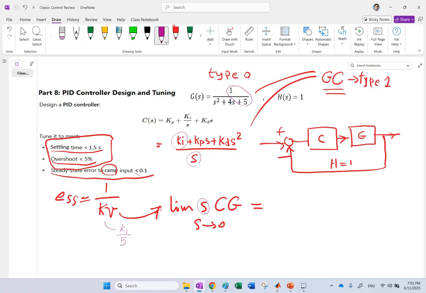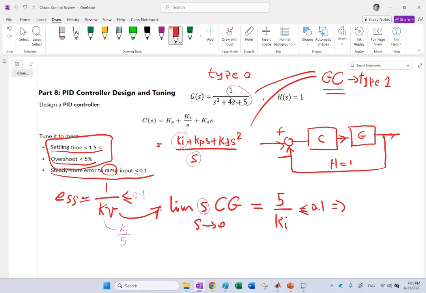And here, for simplicity, I pick 0.1. And 1 over ki over 5 is going to be 5 over ki. So 5 over ki should be like 0.1, or as I said, less than or equal 0.1.